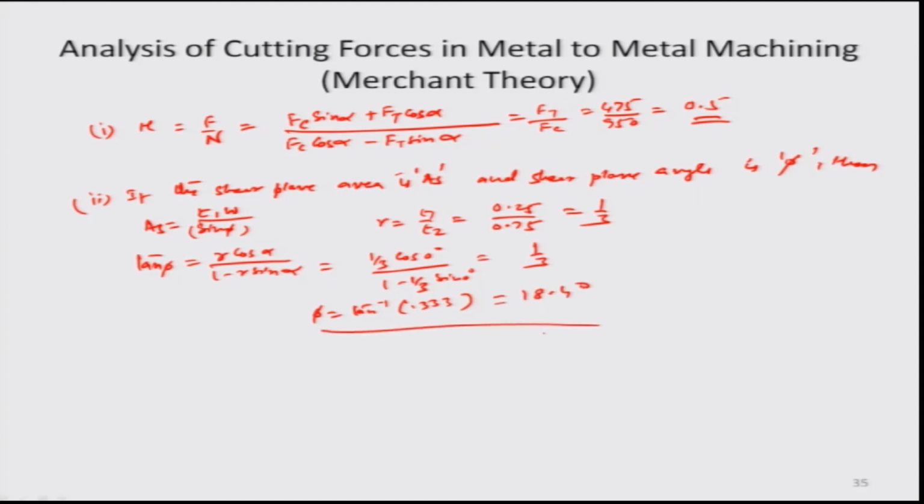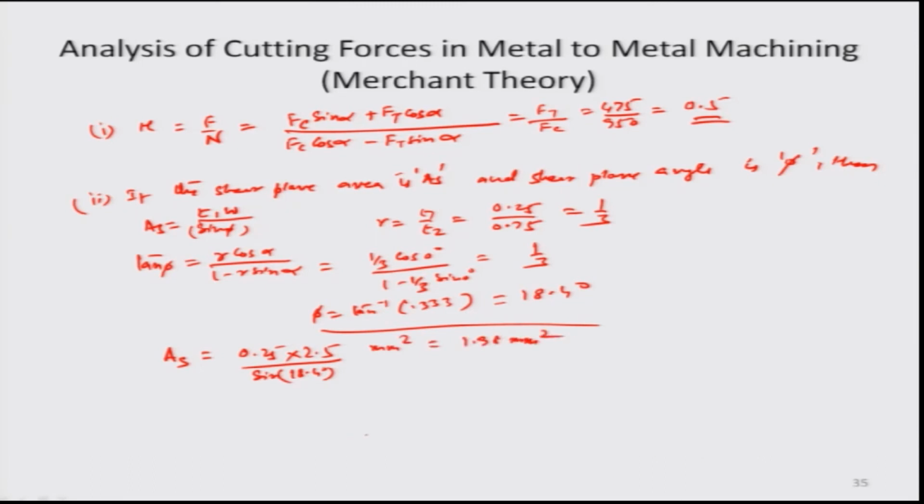So, that is how you calculate phi. Also, the AS, or the shear plane area, in this particular case is equal to the uncut chip thickness T1 times the width of the machining zone, 2.5 mm, divided by sine of 18.4 degrees, in mm square, which comes out to be 1.98 mm square.